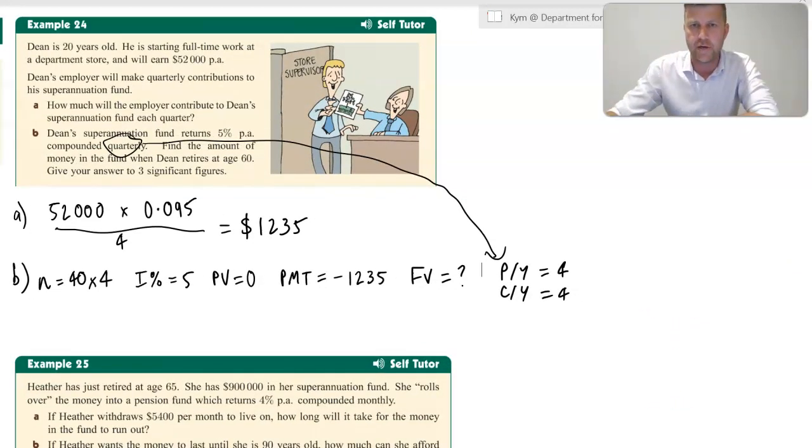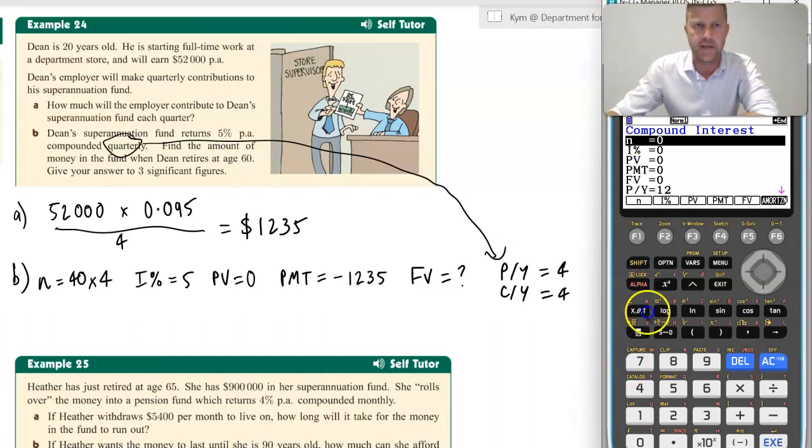Essentially, that's it. So graphics calculator, N is 40 times 4, or 160. I is 5%. Present value is going to remain 0. PMT is the amount that's being put into that account every quarter, so $1,235. We calculated that in Part A.